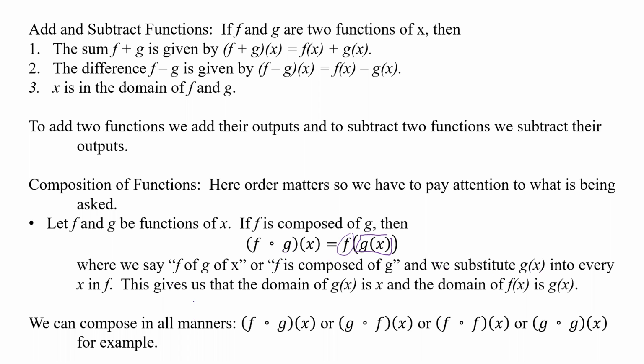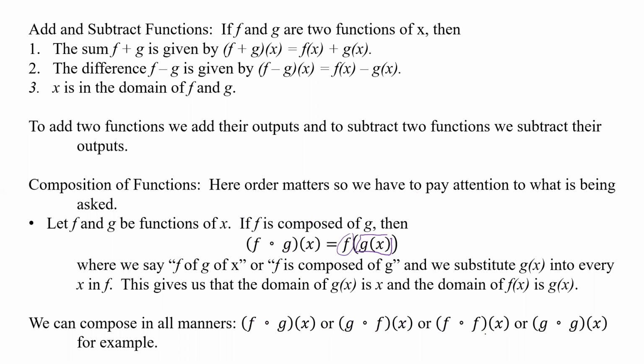Okay, and so this gives us that the domain of g is whatever the domain here is, x, and then the domain of f now is going to be the whole g(x), because now x has become g(x). Now we can compose in different orders, and this is why I say it's very important to see what's being asked for, because this is f(g(x)), so we plug g(x) into f, and so that's the first one. We can also do g(f(x)), so we take f(x) and plug it into g wherever there's x.